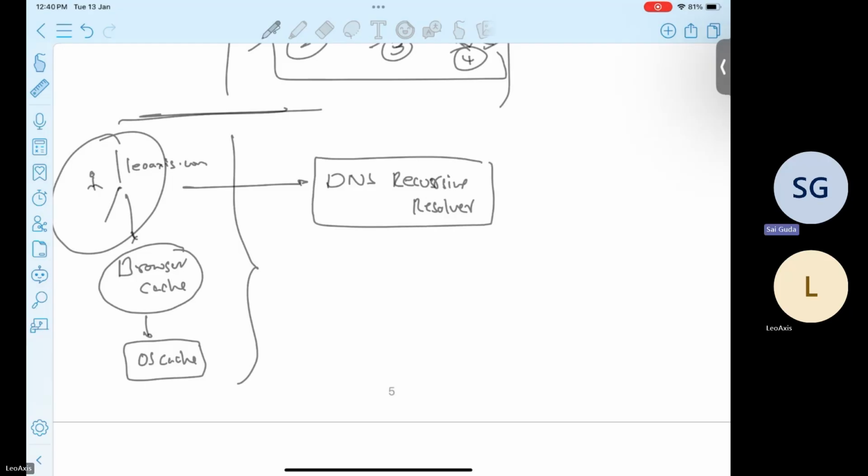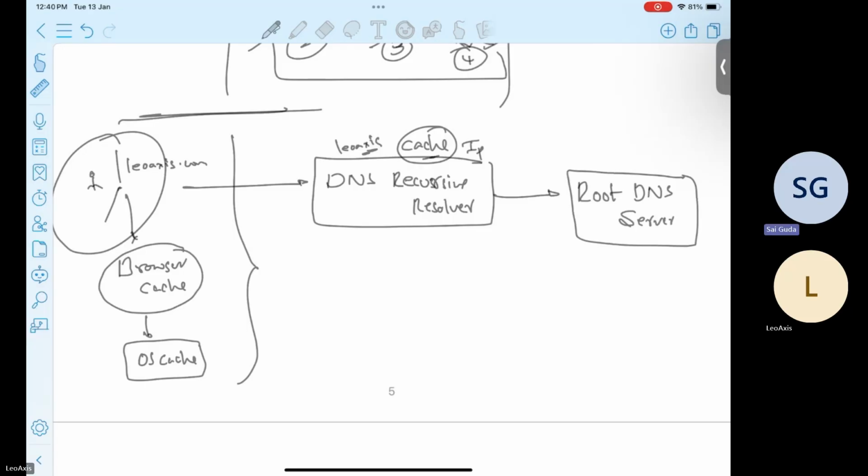Now this recursive resolver first checks its own cache data, the temporary data which has the details. If it is unable to get the respective IP address of the particular website, it will make a call to the second server, which is part of the DNS system, which is the root DNS server.